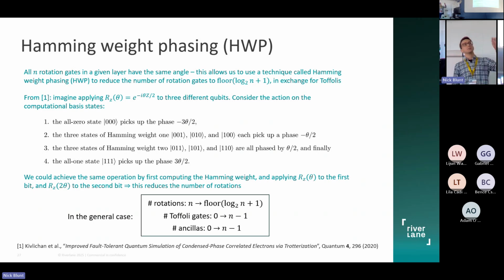Yes. So I've presented it using computational basis states, but of course this will apply for any state. The quantum circuit's quite similar to what a classical circuit would look like.